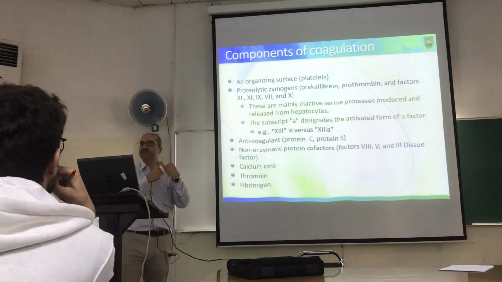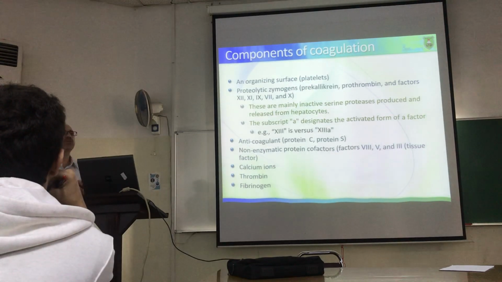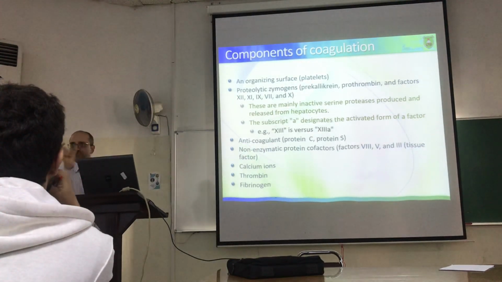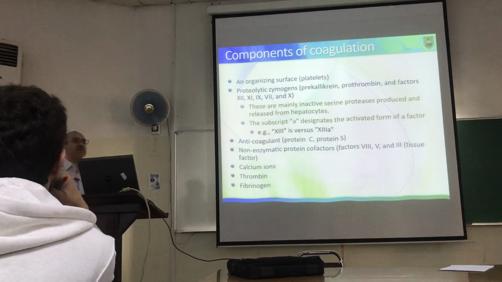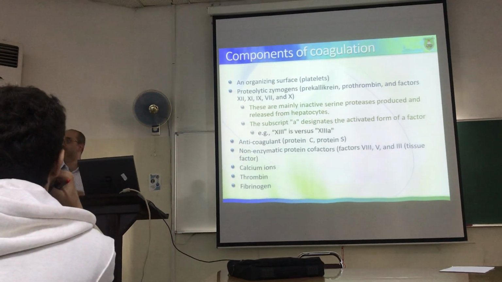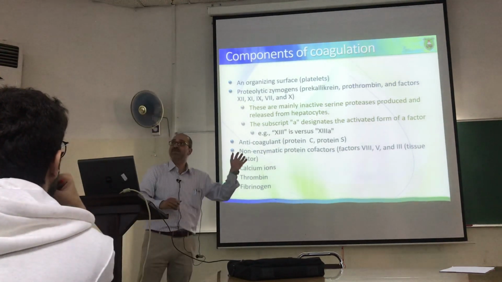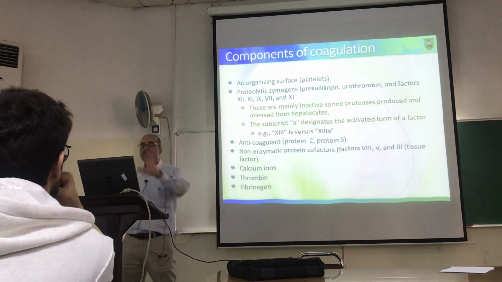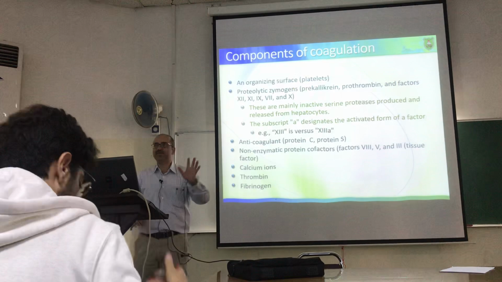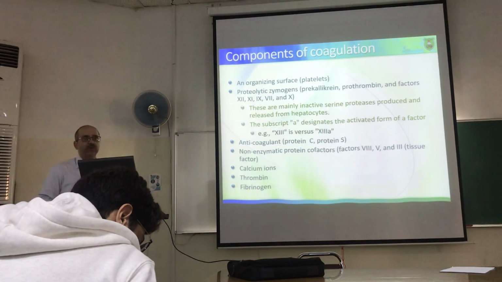Zymogens are inactive enzymes, and they can be activated by proteolytic cleavage of part of them. Like the digestive zymogens, they're always there, and once we eat, we have activation of these zymogens. So we have these zymogens in blood, and they are produced by liver cells. But they are zymogens, inactive, and they're waiting for the inducer.